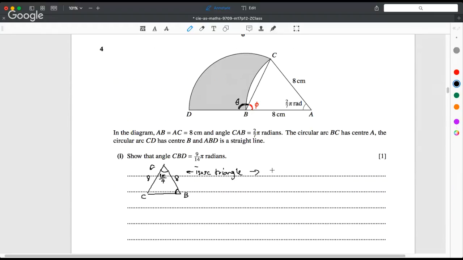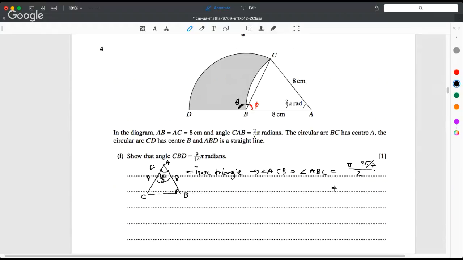So that's A, so the angle ACB must be equal to the angle ABC, and they must both equal (pi minus 2 pi on 7) over 2. So there's 2 pi on 7 taken up by this angle here. There's got to be pi radians in a triangle, and the rest of the radians are divided up equally between these two because they've got to be equal.